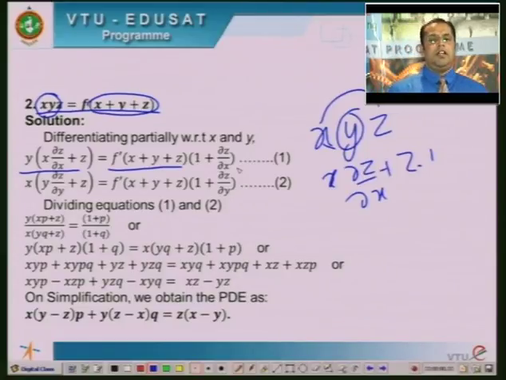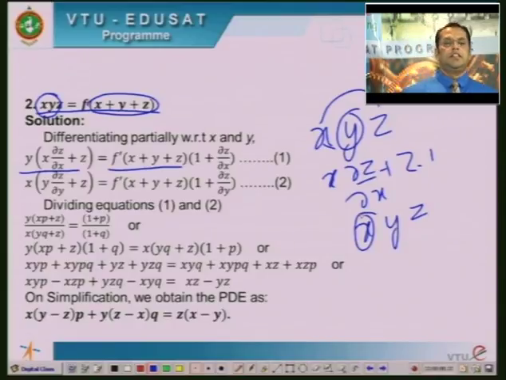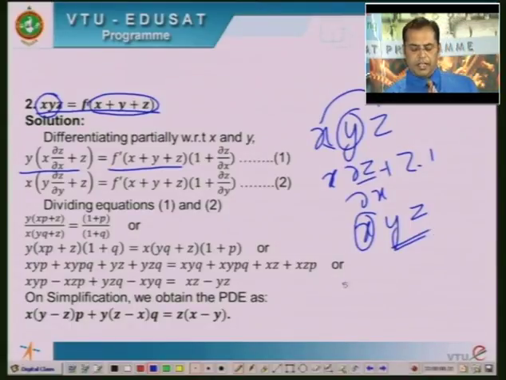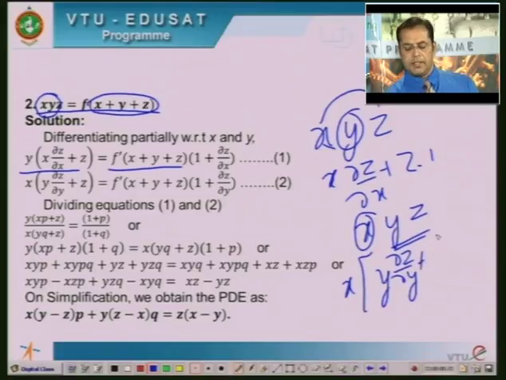Similarly, differentiating partially with respect to y, in the LHS product xyz, x is a constant. So, take it outside, apply the product rule for y and z. That will give you x into (y times dou z by dou y plus z into the derivative of y, which is 1).